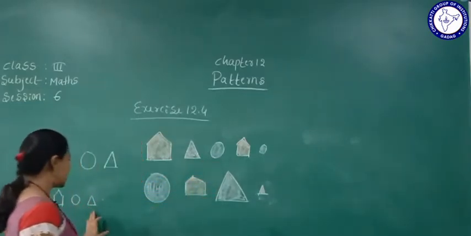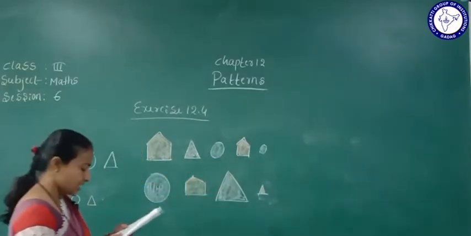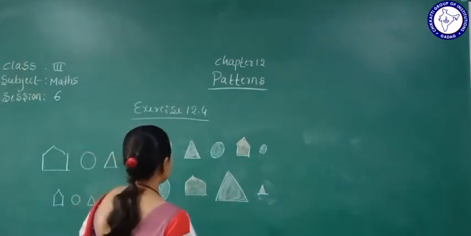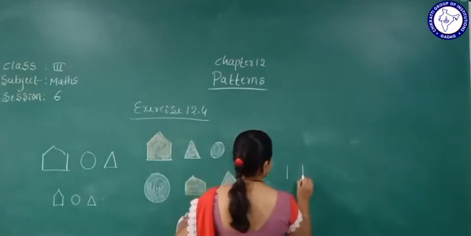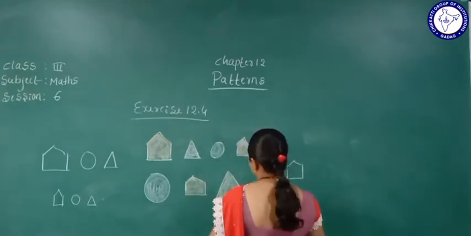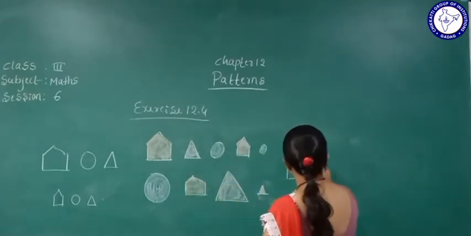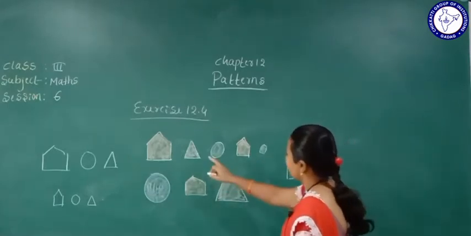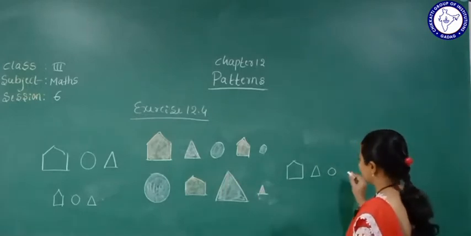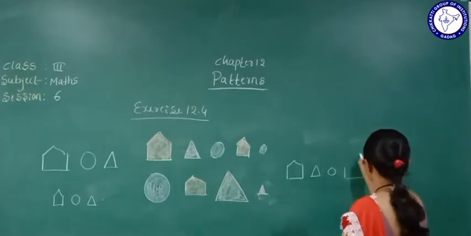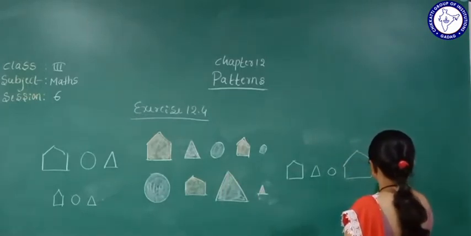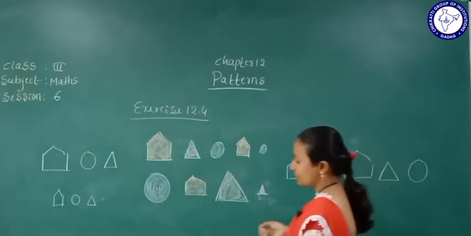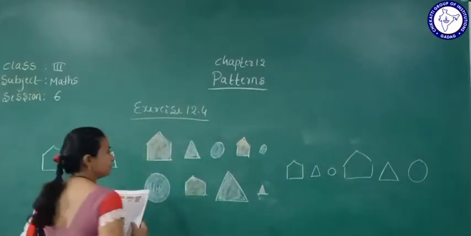So we are using these 3 different colors and drawing patterns of different shapes and colors. The circle is a different shape and a different color. A little bit bigger triangle, bigger circle. See, different color and different shape diagrams.